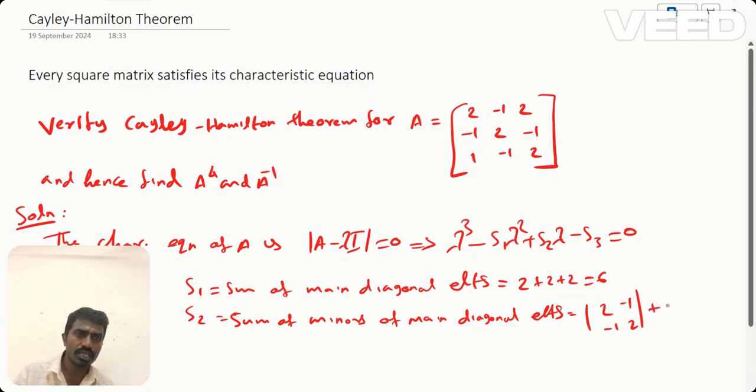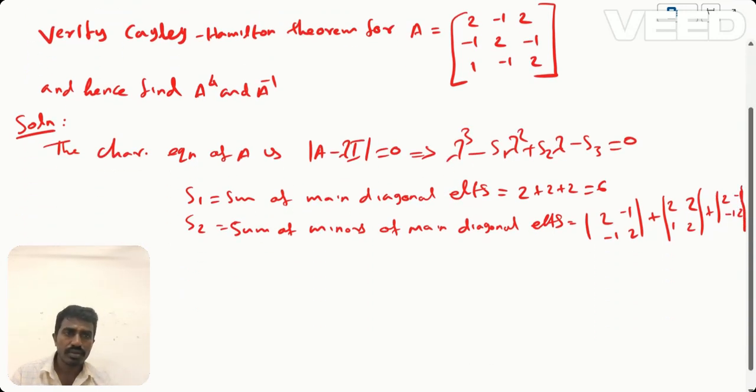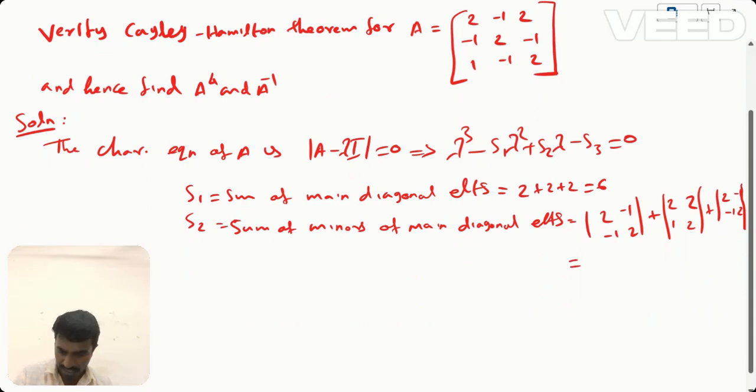For that, remove the corresponding row and column. Then you get 2 2 1 2, and then find the minor of A33. Then you get 2 minus 1 minus 1 2, and then simplify this, then you may get 8, and S3 is the determinant of A. If you simplify, then you get 3.